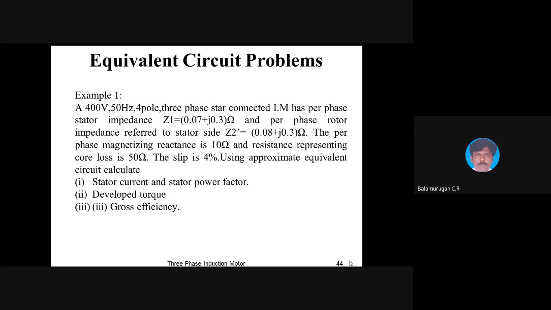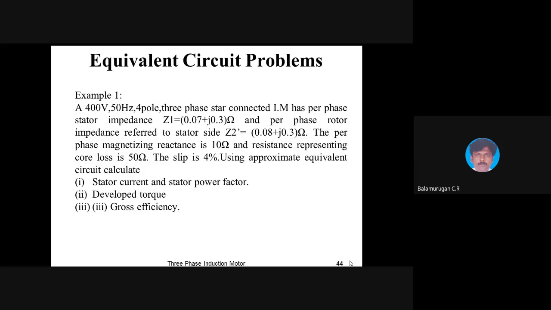So what is the value for V1? The voltage V is given as 400 volt. In the case of the equivalent circuit, we generally find the value per phase only. All the parameters are given per phase: stator resistance, stator reactance, rotor resistance per phase.